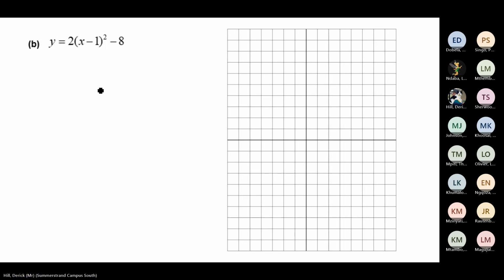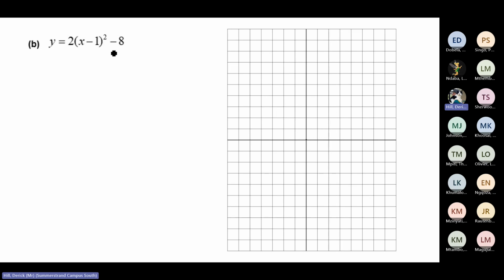Let's see, how are we going to do this one? So first of all, a normal parabola, right? The standard parabola, the mother graph, some people call it, is going to be over here starting at 0. The lowest point will be at 0. We obviously do not have a standard parabola over here.